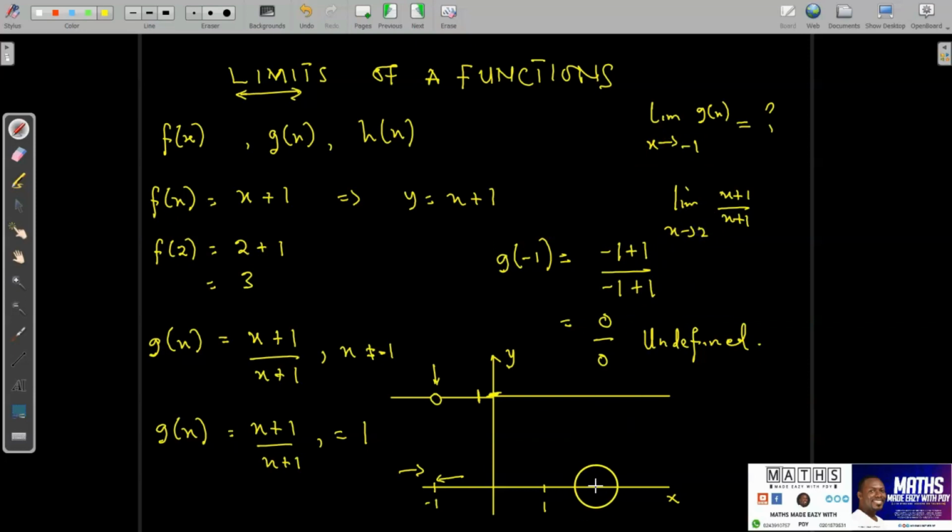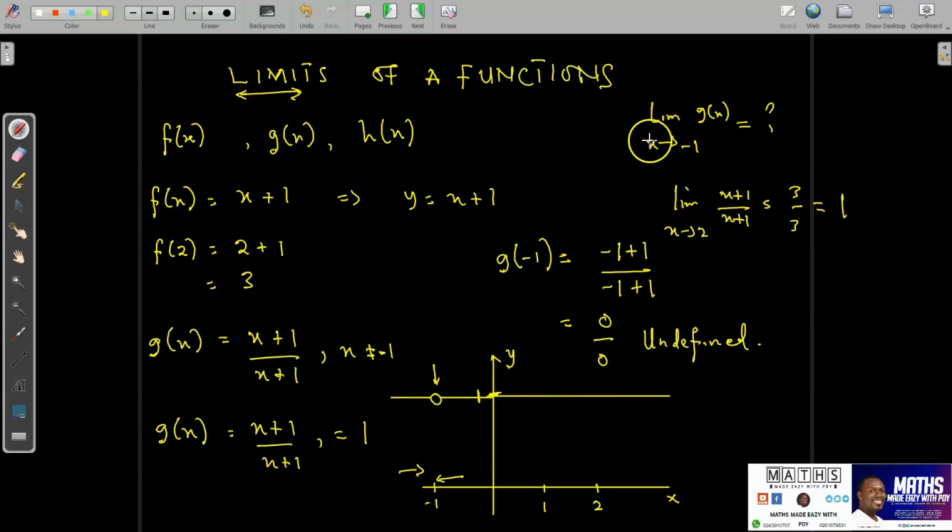If I use 2, I substitute 2 here and 2 there, and I get 2 plus 1 divided by 2 plus 1, which is 3 over 3. 3 over 3 is the same as what answer, please? 1. So everything boils down to us getting the answer as 1.